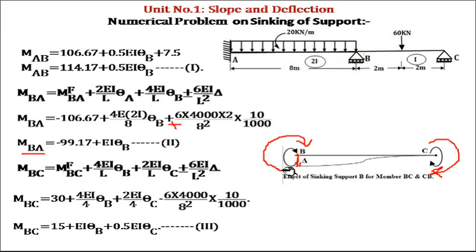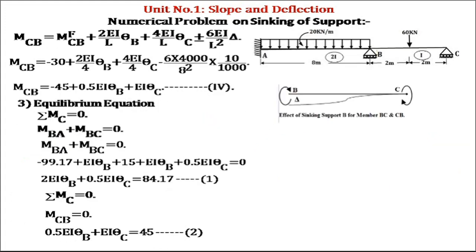Okay, and at both the joints the sign will be the same, that is minus, because at both the joints it is acting in clockwise direction. Okay, now if you put the values, we'll get the moment equation for the member BC as 15 plus EI theta B plus 0.5 EI theta C. Okay, next, applying the slope and deflection equation for the member CB.